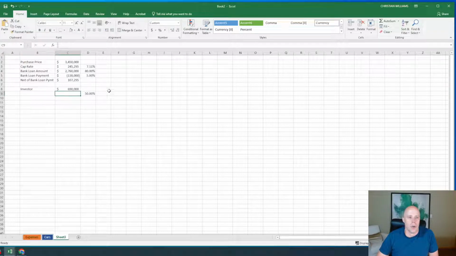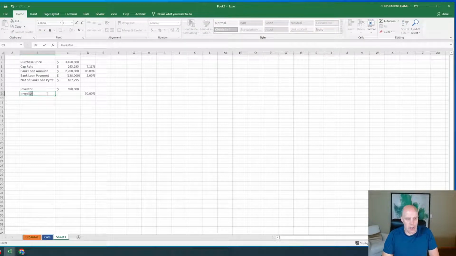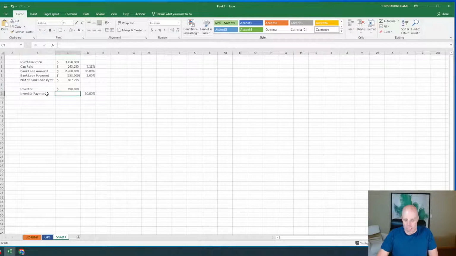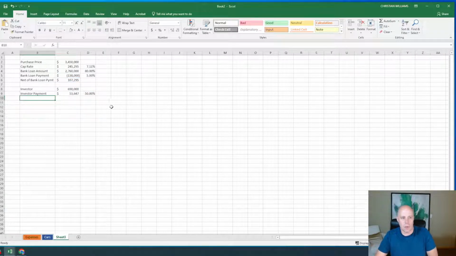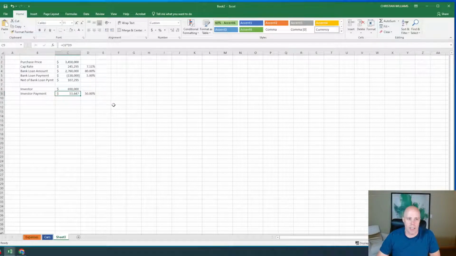Okay. So we've typed 50% in there, and we're going to say investor payment, and then we're going to say equals our net of bank loan payment times this. That's how much we're paying our investor. So $53,000 a year.